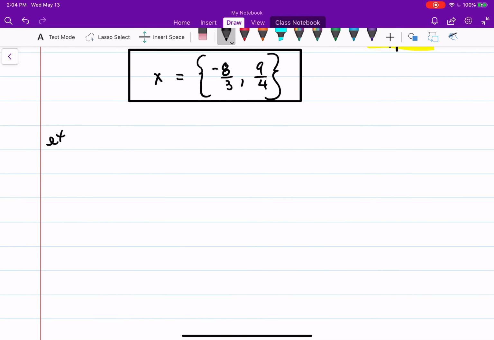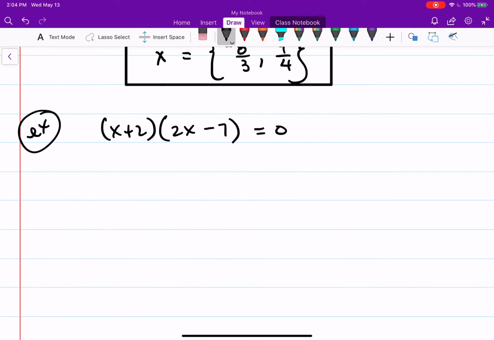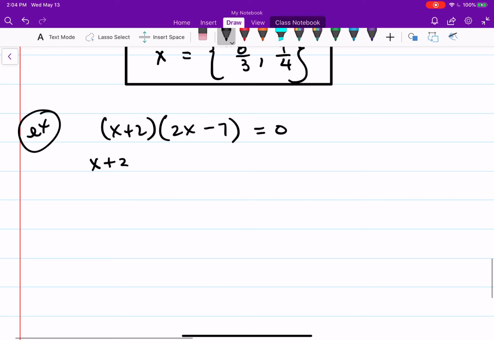They might be a little tricky and give you something like this. They're trying to be tricky, but it's not very tricky. Now with this, because it is already the product of two numbers equaling 0, there's not much work that needs to be done. It's just going to take each factor and then set it equal to 0.